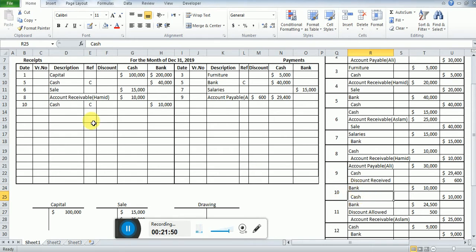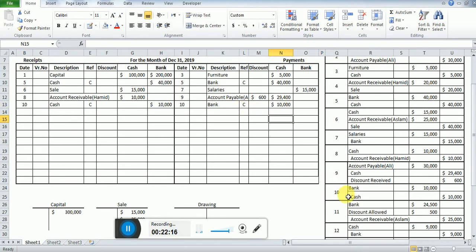So that is why the bank account here, 10,000 debited because of cash, and you have to show with C, right? At the same time, on the 10th date, you can say now the cash account credited $10,000, and that is because of bank, and you have to put it in here with C. Okay, show with C because it is a contra entry.